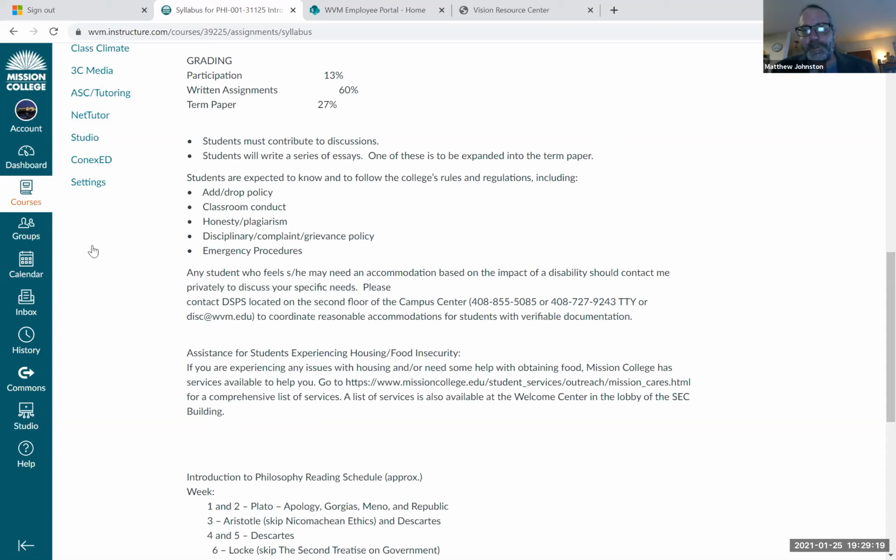You could do the second one. You could do the third one. Whichever one you want to make 5 pages, I'll count that as the term paper. By the way, you probably want to mention that you want this to count as the term paper so that I know to count it as the term paper. You should say that on the title page or whatever when you're submitting it.